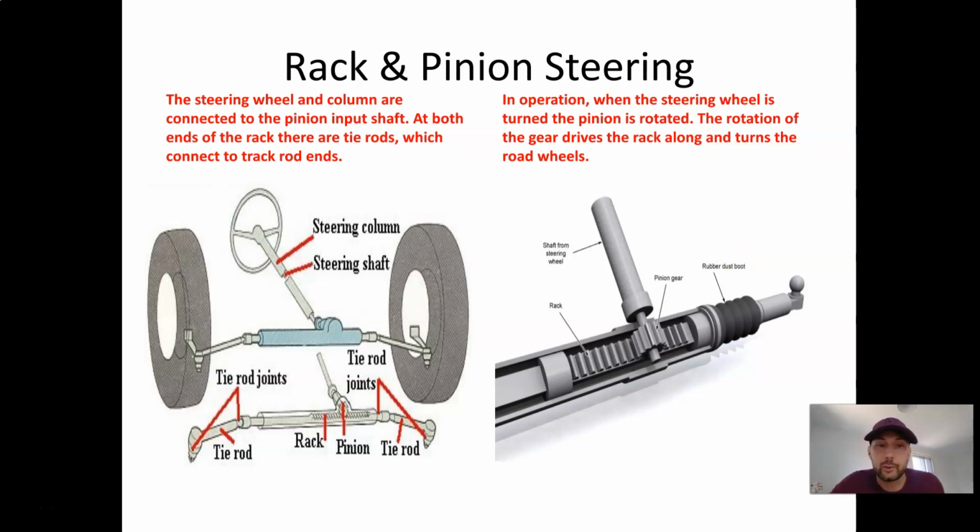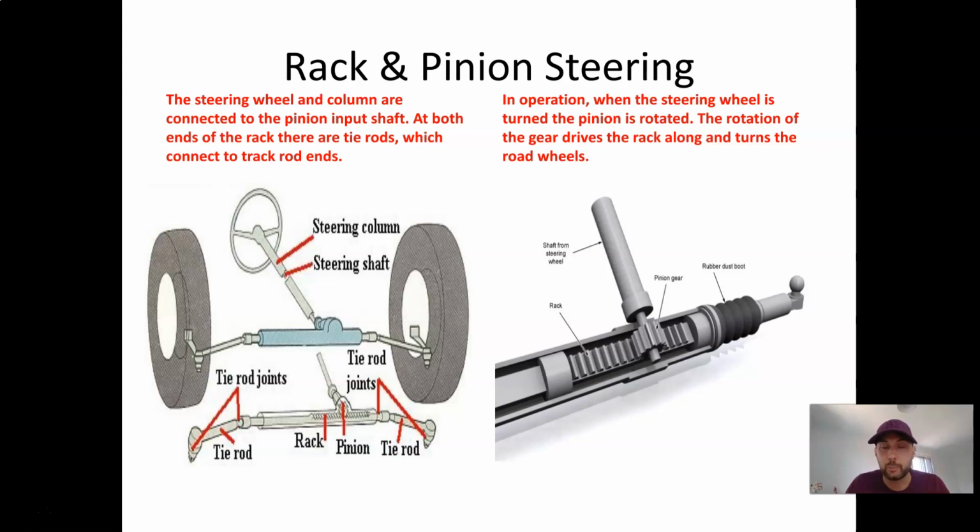On the right is a sort of a better diagram, I think, to describe the rack and pinion. And you can clearly see the pinion locking into the rack. Okay, and then obviously if we spin that pinion, the rack's going to move in a linear motion left and right, and that's going to act on the rear of the hubs, and that's then going to transfer to the steered wheel, and the wheel's then going to go left or right.